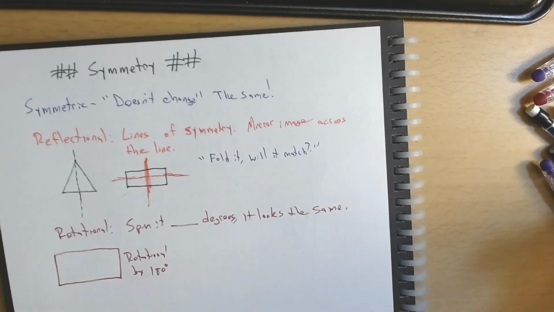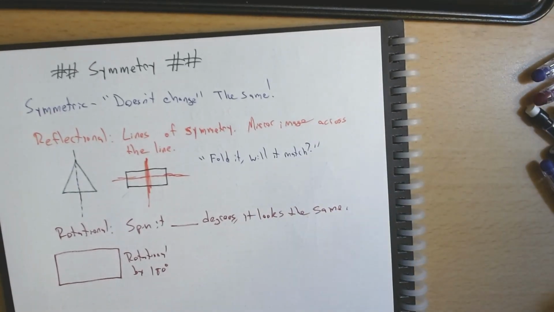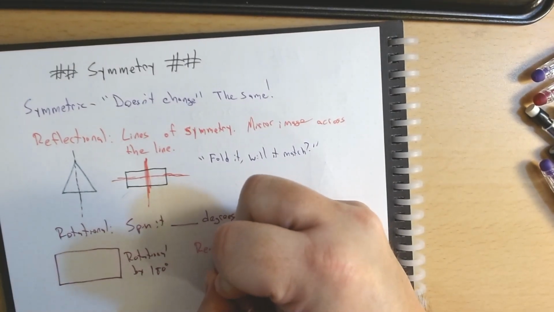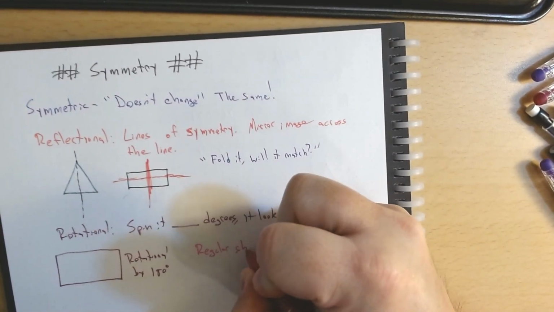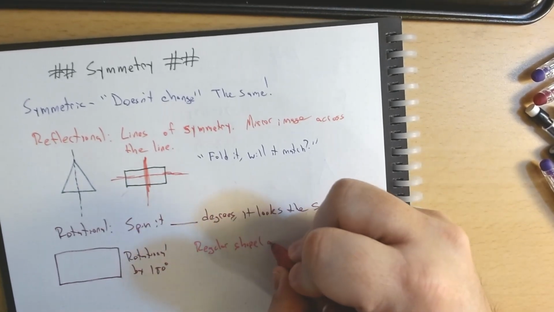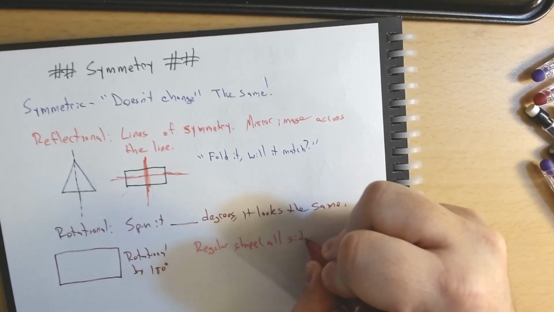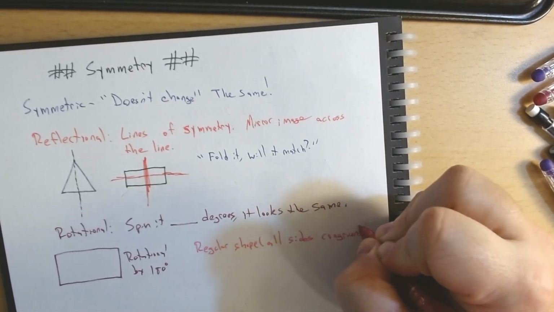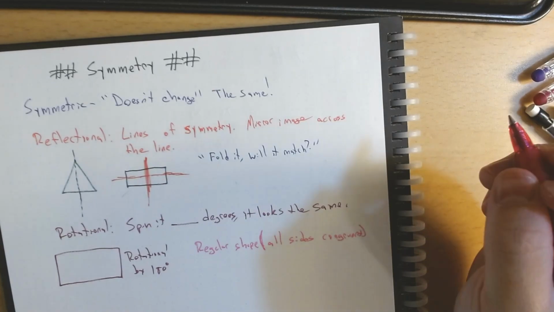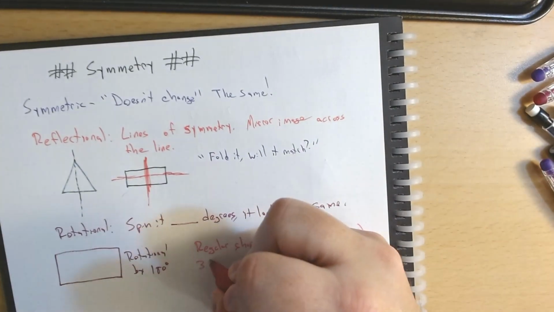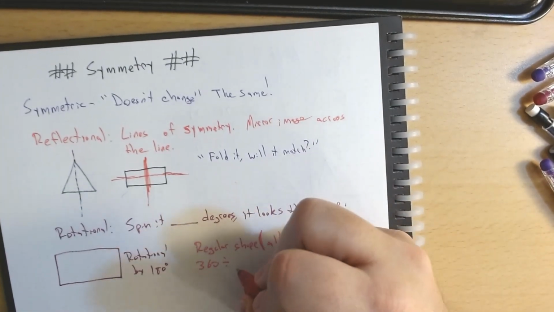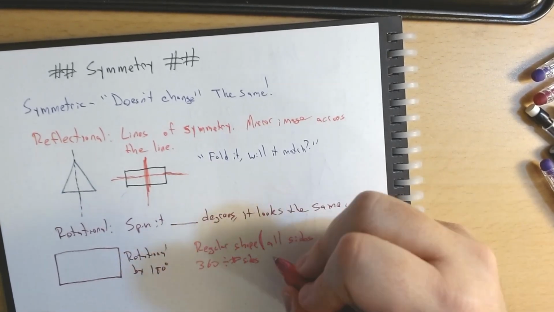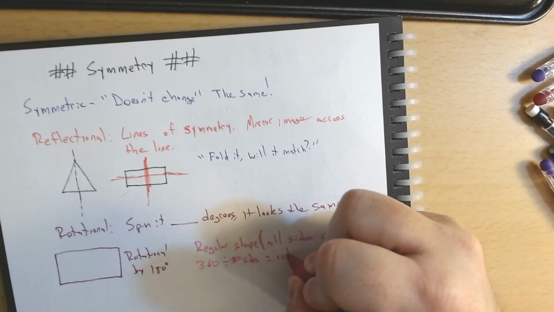One other thing you should know is that if it's a regular shape, which means all sides are congruent, you can do 360 divided by the number of sides, and that will equal its rotational symmetry.